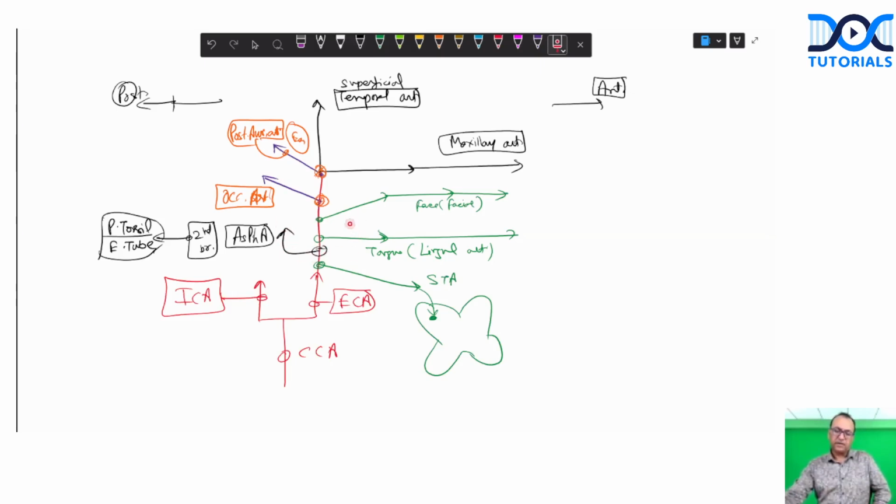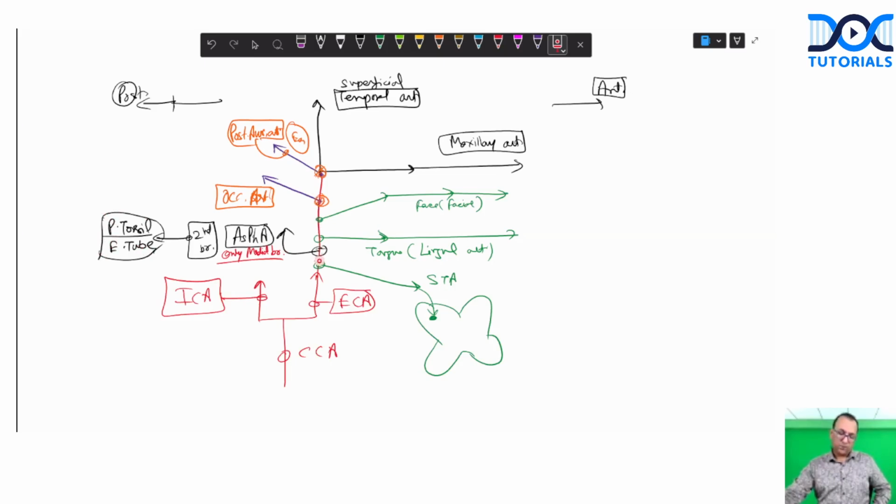Other branches are either anterior, posterior, or superior, but this is the only medial branch. It is supplying the pharynx, of course, as the name is pharyngeal artery. But along with that, it is also supplying the palatine tonsil and eustachian tube.